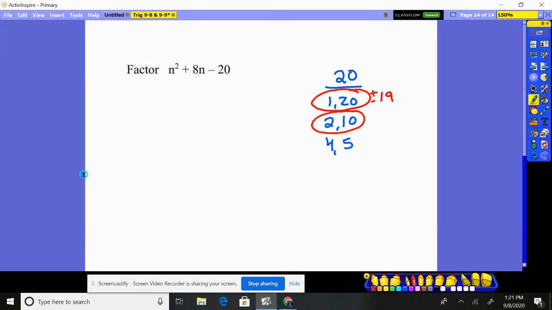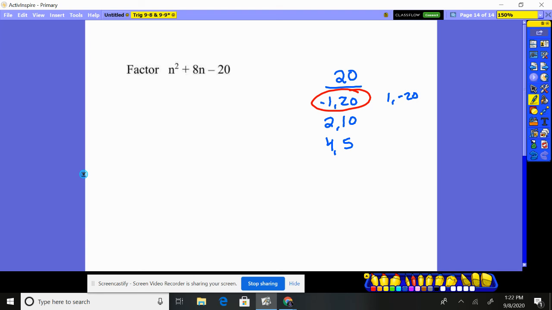Sorry about that. But let's back up a second. With the 1 and 20, you could have had a negative 1 and a positive 20, or a 1 and a negative 20.